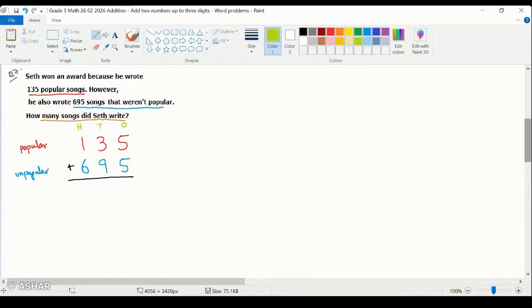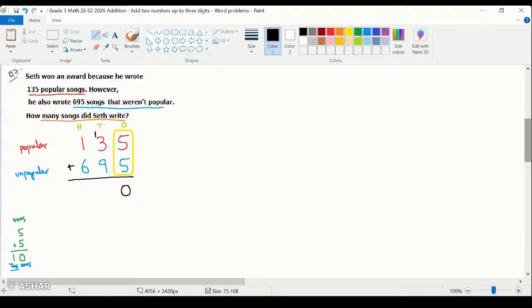If we look at the number of ones that we have, we had 5 plus 5. We know that 5 plus 5 is 10 ones, right? 10 ones can also be written as 0 ones and 1 tens. Perfect. Thank you, Semi.